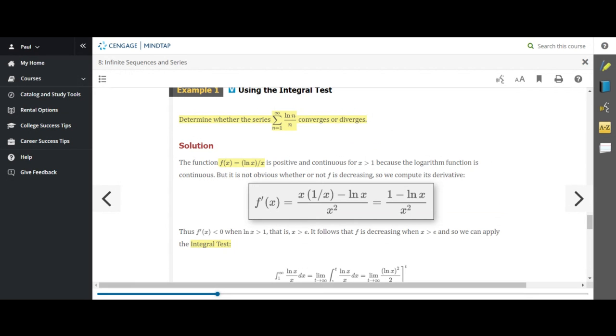Okay, now why is that? Let me show you why. So this is for example 1 from section 8.3.